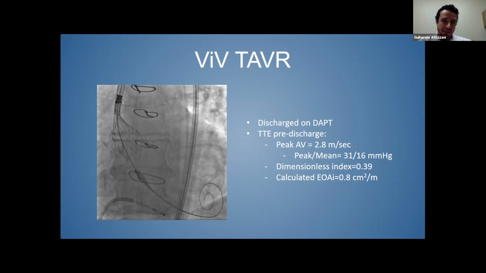If this patient with a 25 Trifecta has no patient prosthesis mismatch, my expectation is that if I achieve a great implant depth, it's hard to see here the depth of your implant, but if you deploy the valve at a good depth, I'm going to have single digit gradients. Even more so when you're dealing with a supra-annular valve like you're using here.